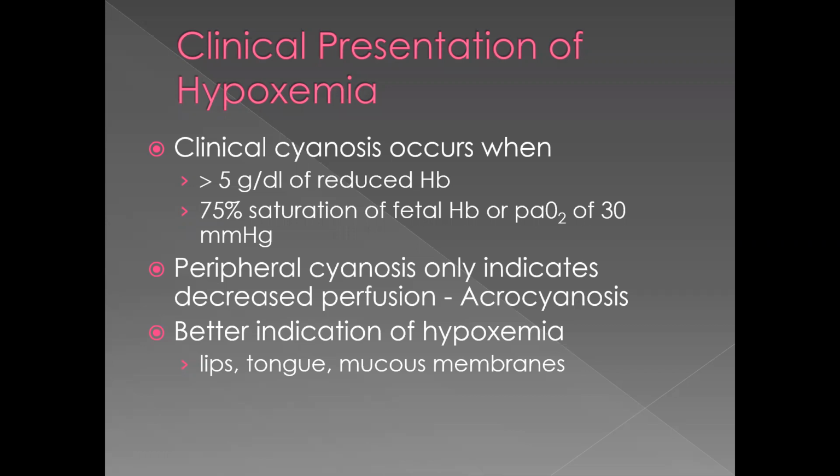When you're looking at the lips and inside at the oral mucosa, it'll appear pink, but the extremities will be blue. So good O2 saturation, just poor perfusion to the extremities. It's called acrocyanosis. So in looking for hypoxemia, it's better if you look at the lips, the tongue, and the mucous membranes to see if you have that pinkish color.